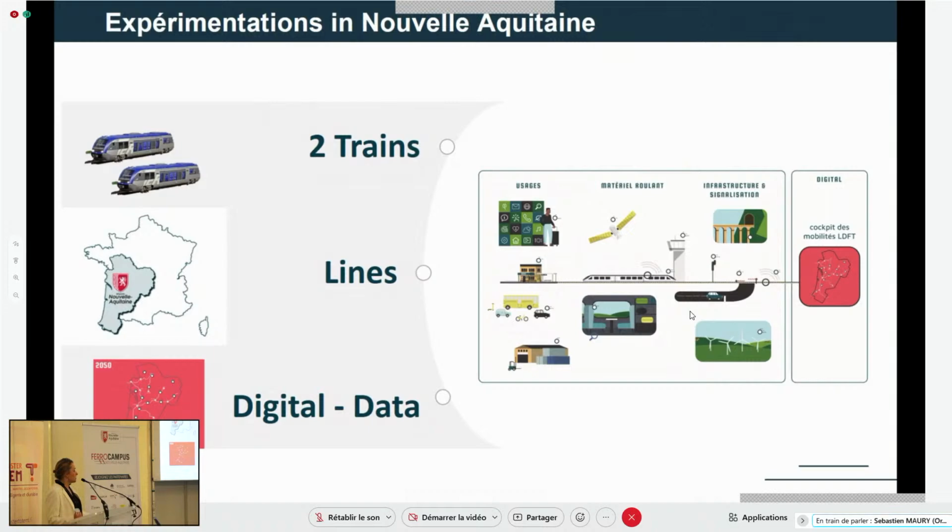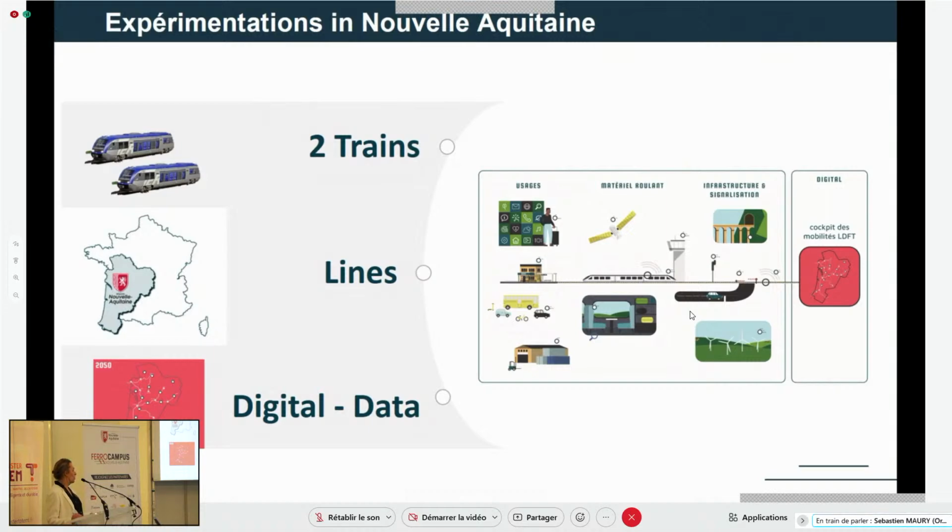And then, as we are a region which uses these new solutions, we want to make a picture of the deployment of your solution in our area.